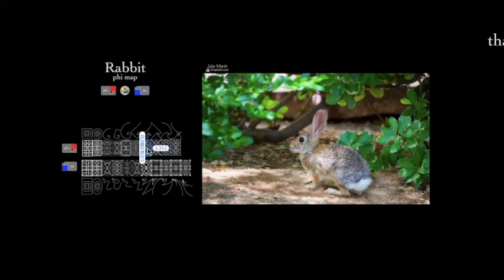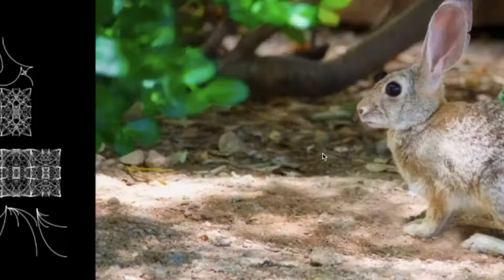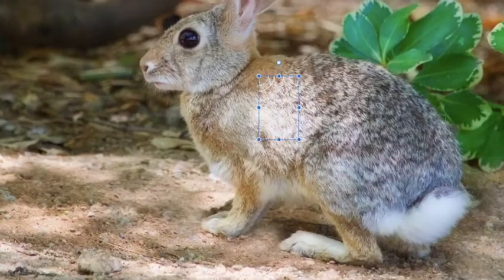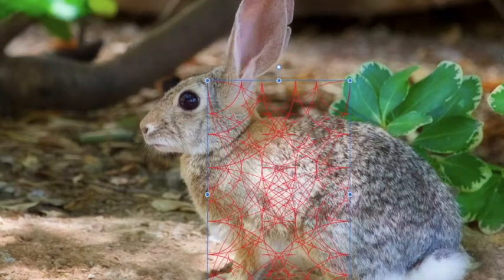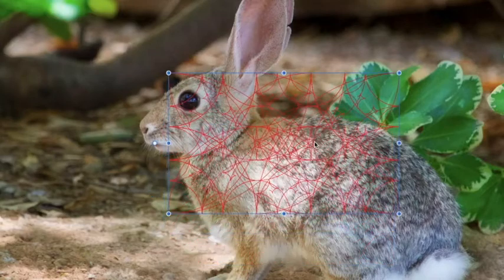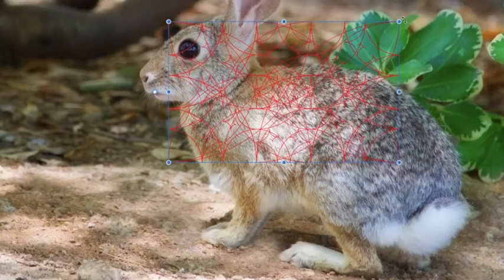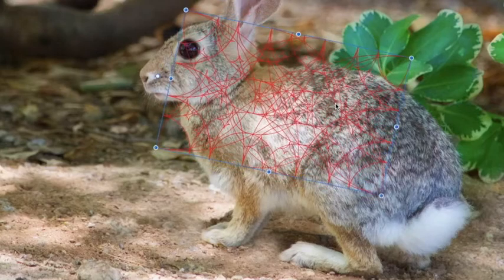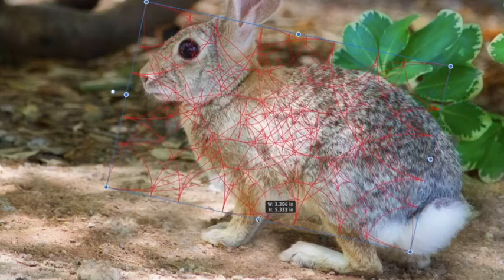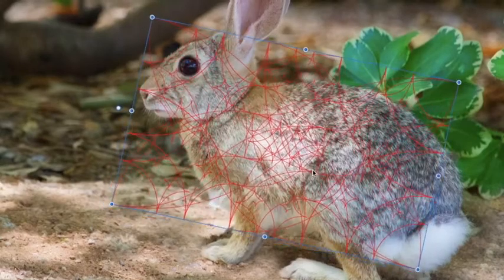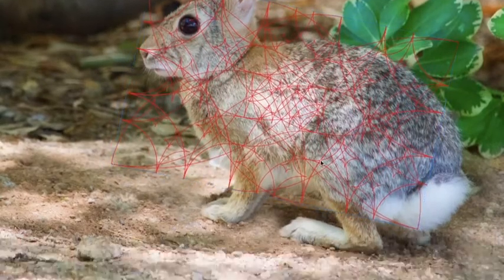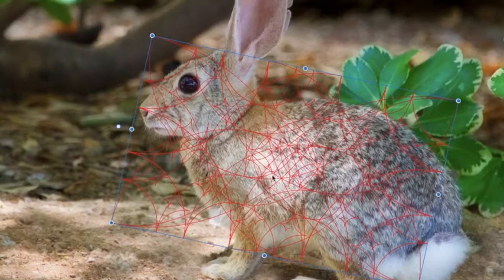But we can try the inverse of that map, of the single phi spiral map. This one gets a little wacky, but that's all right. Let's do that same thing on the top of the head to about the bottom of the body. It's going to show us some different things.